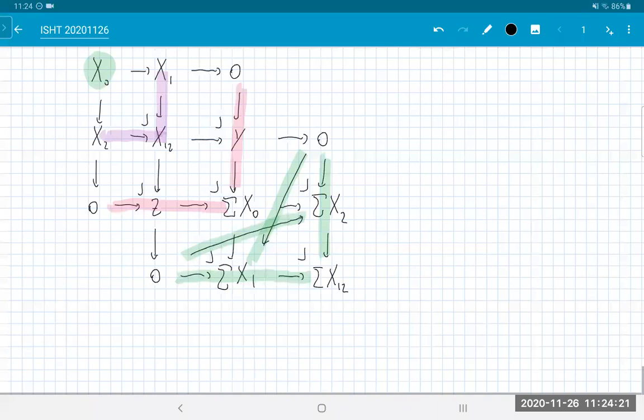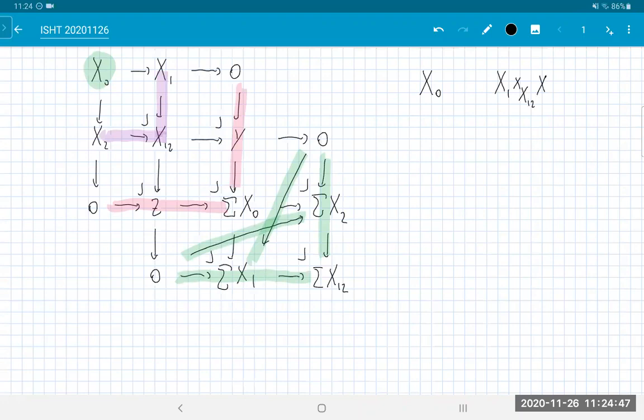So I actually get maps from each of these sub-diagrams to the limit of these other sub-diagrams. So, okay, what are these? Let me write it here. So I have x0, that's the limit of this silly one-object sub-diagram. And this maps to the limit of that thing, which is exactly the pullback that we want to be the same as x0. So our goal is to prove that this map is an equivalence.